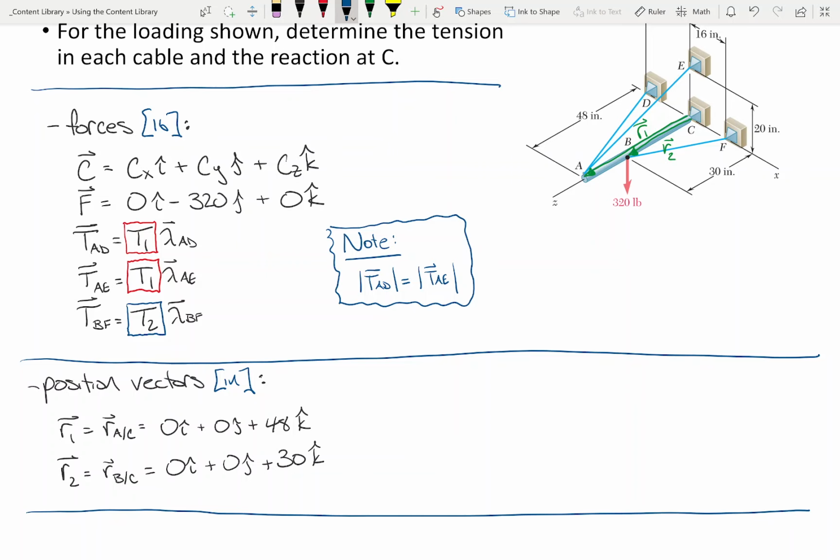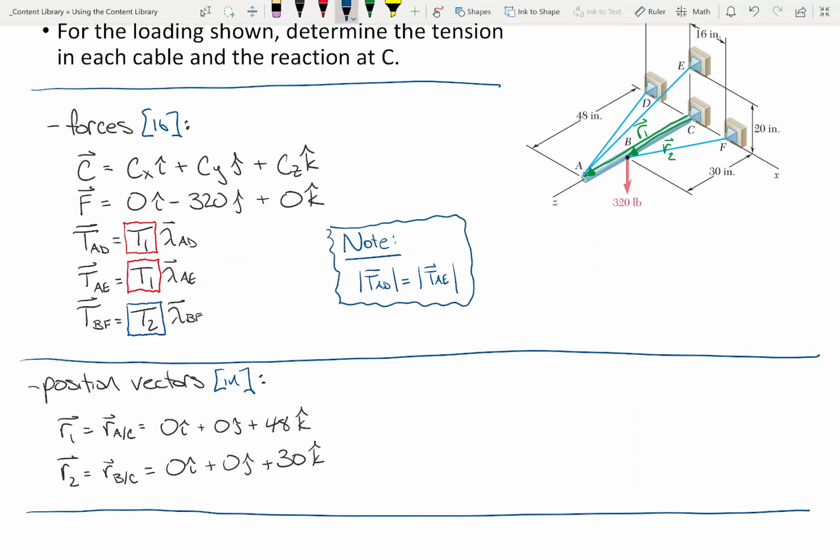So, how many cross products are we going to have to evaluate? All right, let's list them out, okay? So where are we summing moments from? Point C? So how many forces do not go through point C?